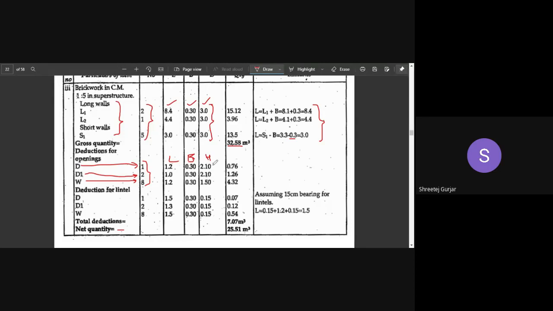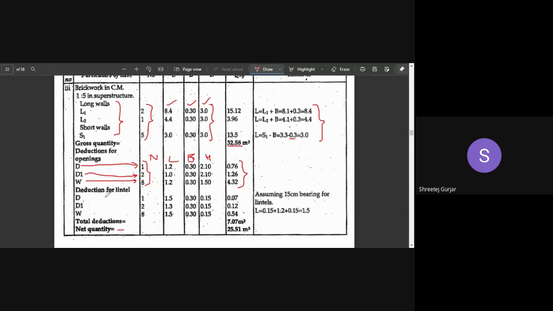The door D1 is 1 meter in length and 2.1 meter in height, and the windows are 1.2 meter in length and 1.5 meters in height. Multiplying the number by length, breadth, and height, you get the quantity of openings in meter cube.